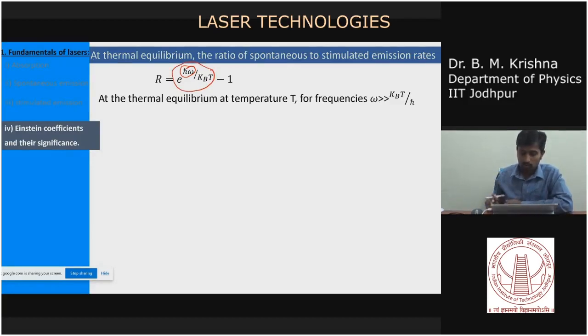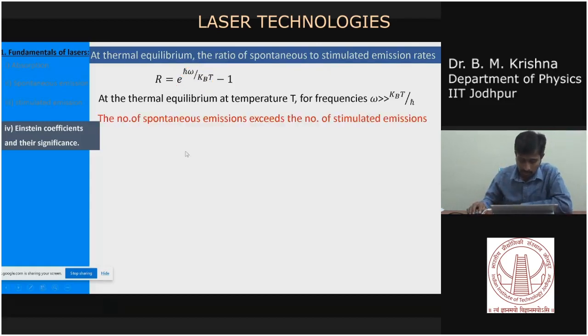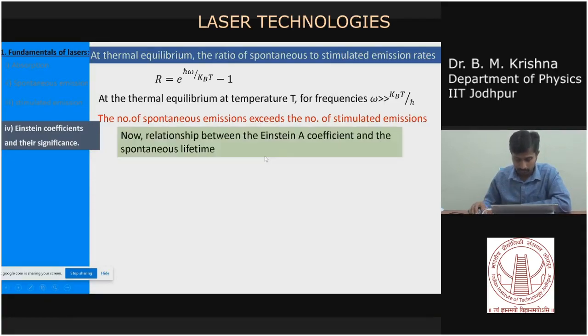So R is much higher than 1. That means the number of spontaneous emissions exceeds the number of stimulated emissions. At these frequencies, most of the chances will be a spontaneous emission.